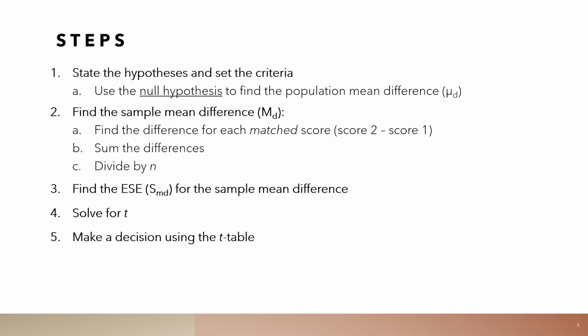So we find the difference by subtracting score 1 from score 2, summing those differences, and dividing by n. Then we find the estimated standard error for the sample mean difference, and we can solve for t and then make a decision on whether or not it is significant using the t-table.